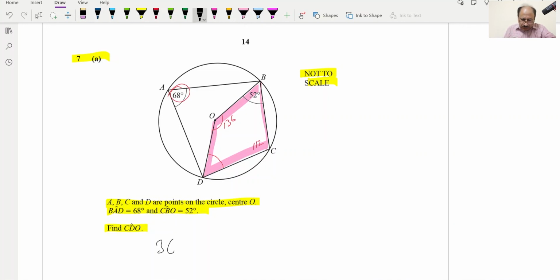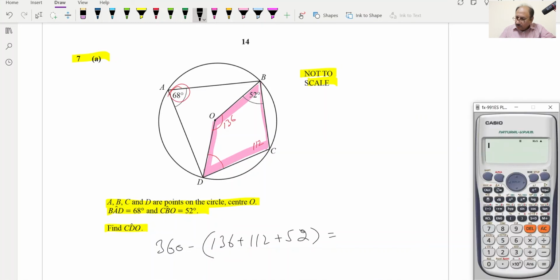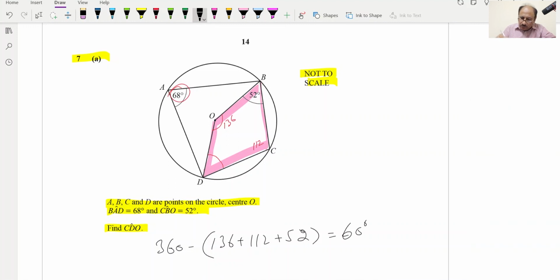This will be 360 minus in brackets 136 plus 112 plus 52, and this will be equal to 60 degrees. So this angle which is required is 60 degree.